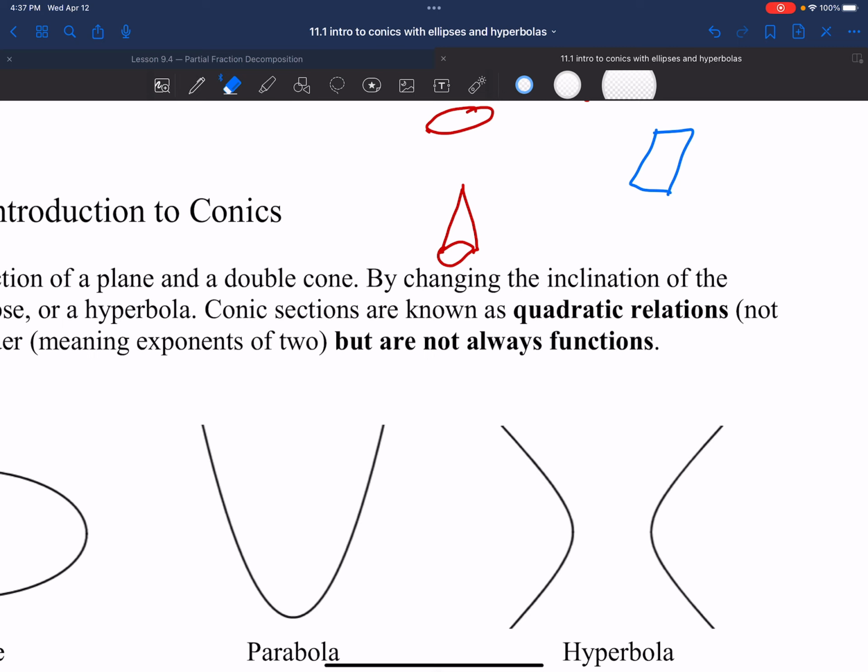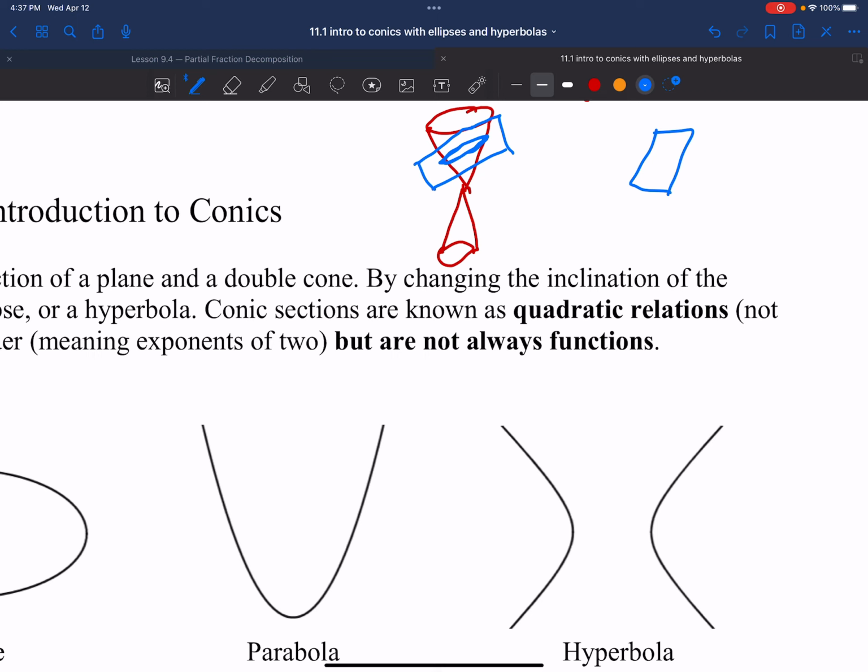I can erase this. See, this is already the limitation of my iPad. If I cut diagonally a little bit, something like this maybe, then I get a sort of elongated circle, which we are going to call the ellipse.